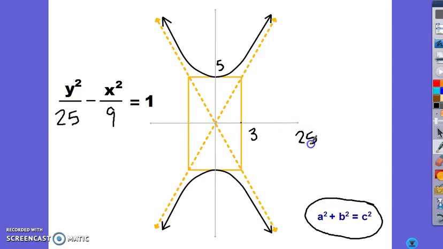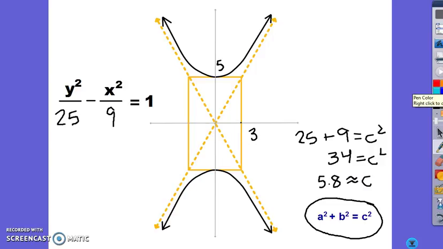So 5 squared plus 3 squared equals c squared. And that comes out to about 5.8. The square root of 34 is about 5.8. And so our foci would be at (0, 5.8) and (0, negative 5.8). Sort of sitting right in there.